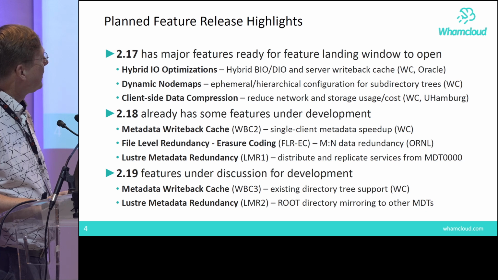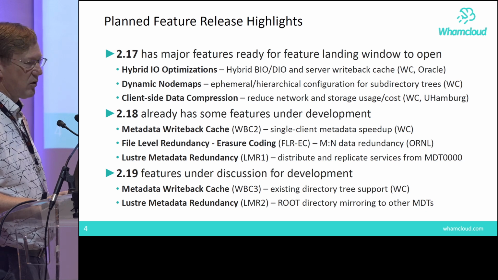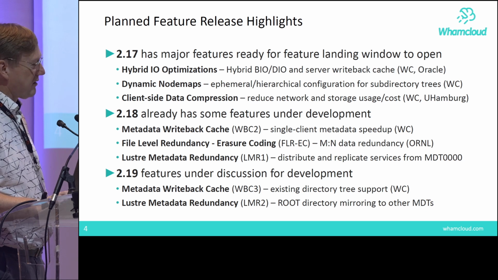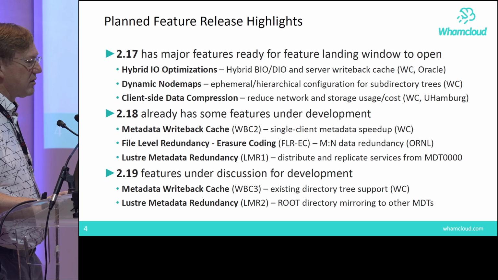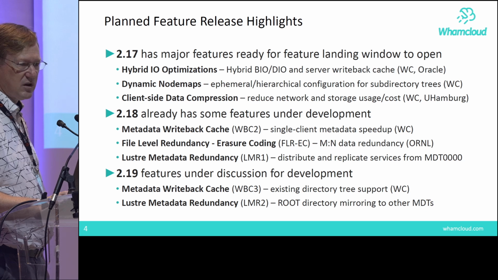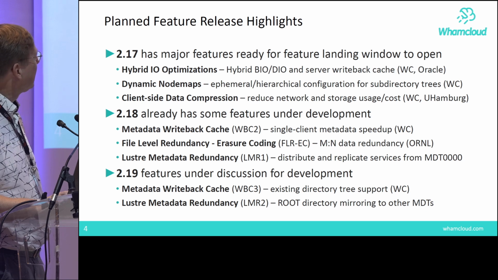I'm going to talk about these individually largely, except for the ones that have their own presentations already. So hybrid I/O is a very interesting I/O performance improvement. Dynamic node maps, that's virtualization and subtenancy, which has gotten quite a bit of interesting development recently.